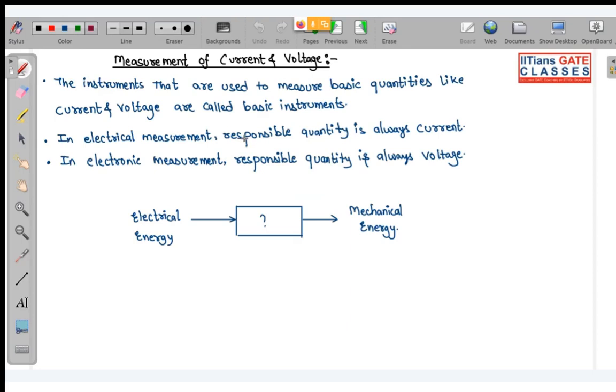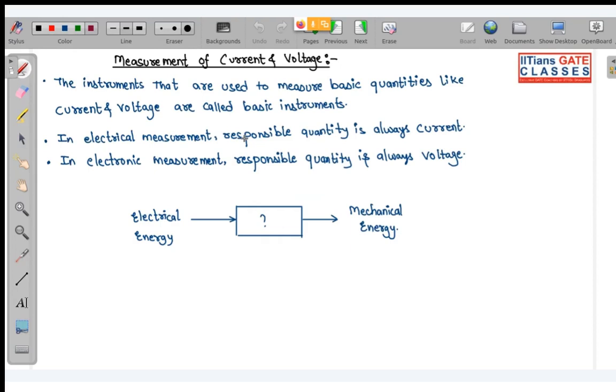Because in an electronic circuit, the value of current is very less, it's not like in the ampere region. So in an electronic circuit, basically the current flows usually in the micro or milliampere region. That is a very less current actually.